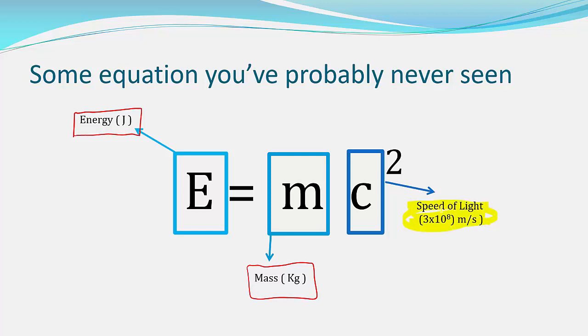Now, I want to point something out in this equation. When you're dealing with this equation, it's important that you use mass in kilograms and energy in joules. If you have the mass in atomic mass units, then you're going to be using a different formula, and I'm going to talk about that next. But if you have the mass in kilograms, then this formula is the way to go, understanding that when you calculate the energy, the number you get is going to be in joules.